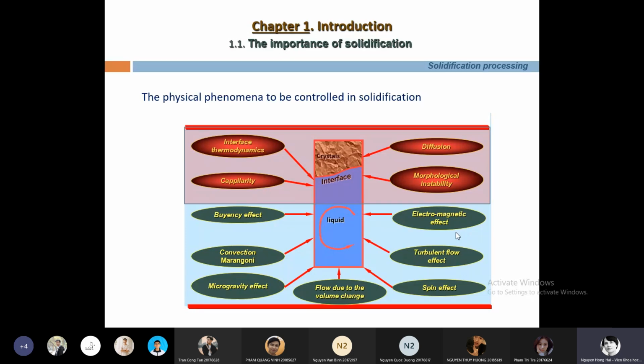But in our course, solidification processing, we pay our attention to only four physical phenomena related with the interface between the liquid and solid. Because solidification is a phase transformation from liquid to solid, and the solid may be crystal, maybe amorphous, but in general, the crystal can form in this form.